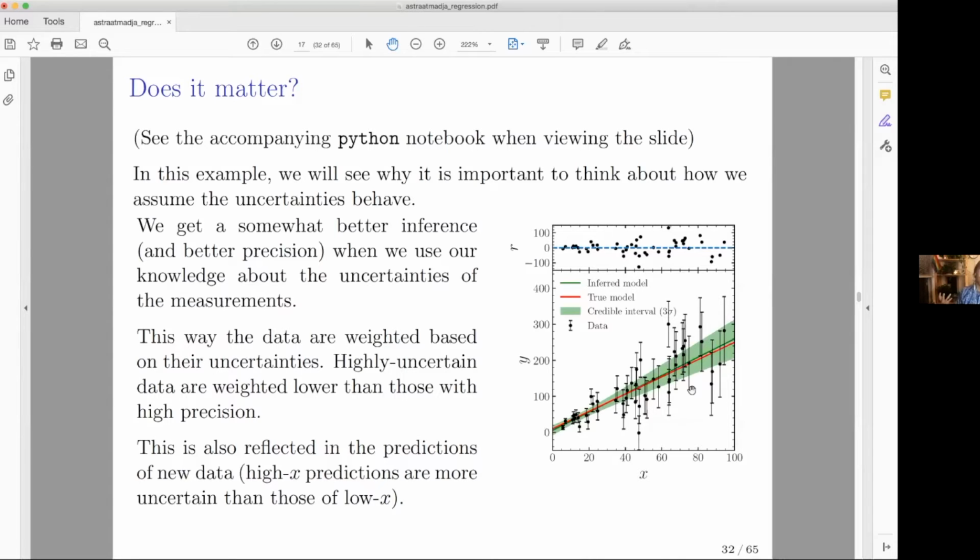So this is why it matters. If you know something, by all means put it in the model, and hopefully you'll get a better estimate. Again, this is because our assumption is the same as how the data behave.